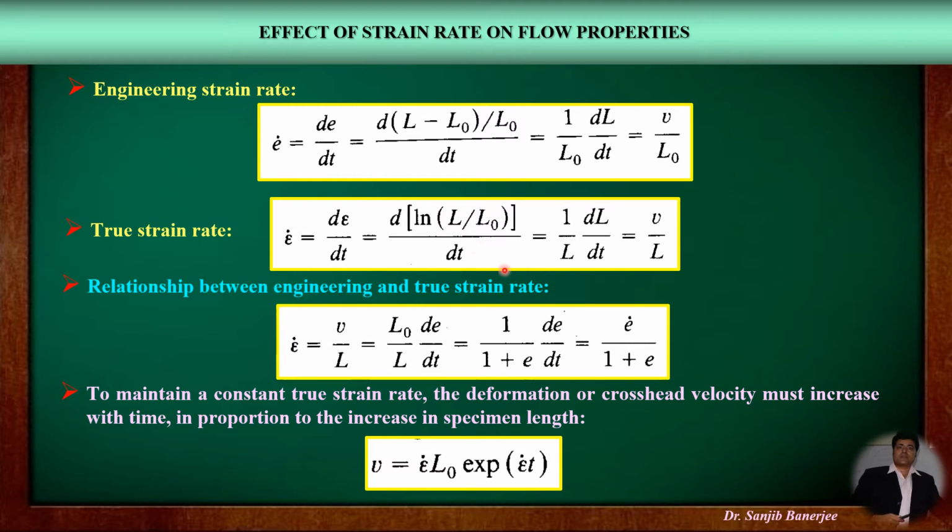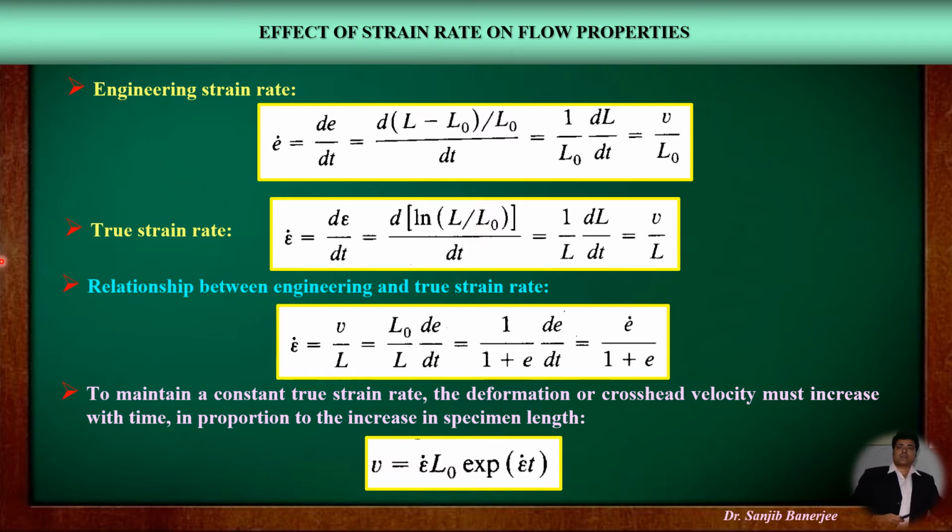So, this equation is represented by 1 by L into dL by dt. So, once again, substituting dL by dt with the crosshead velocity v, we get the value of true strain rate, that is epsilon dot is equal to v by L, where v is the crosshead velocity of the testing equipment and L is the actual or the instantaneous length of the specimen.